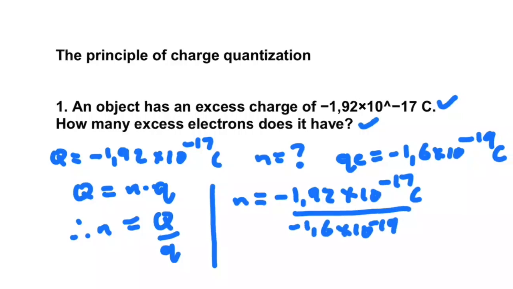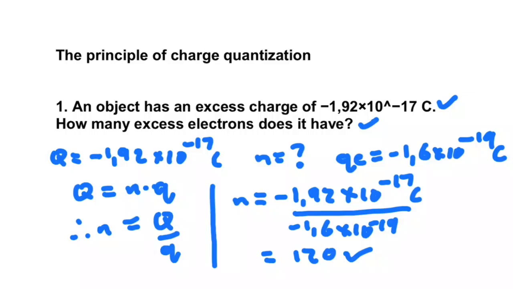N is equal to 120. So we have 120 electrons in excess in this object. That is why we have a charge of minus 1.92 times 10 to the minus 17 coulombs. This is how you apply the principle of charge quantization.